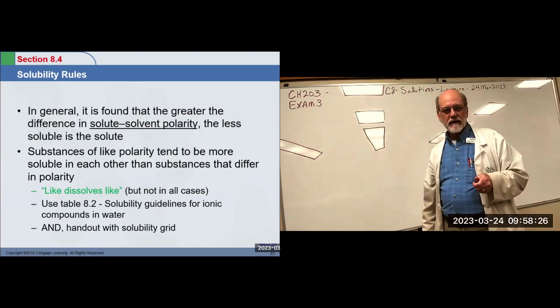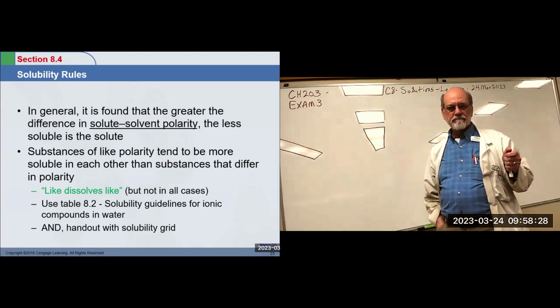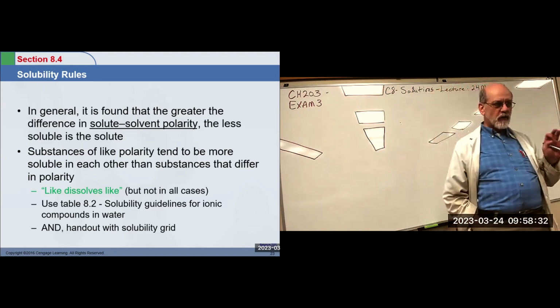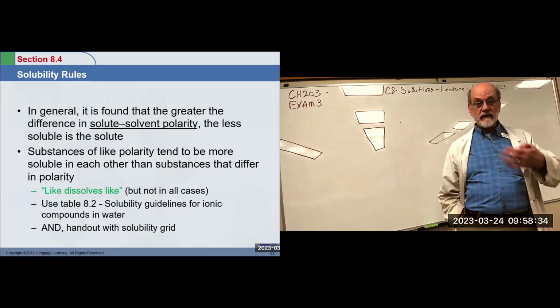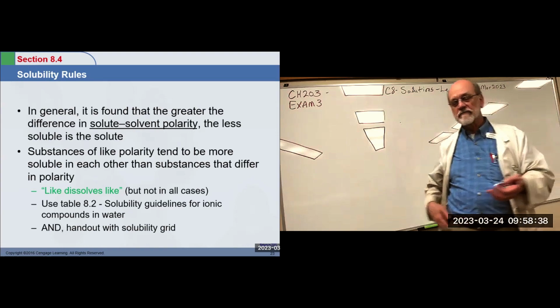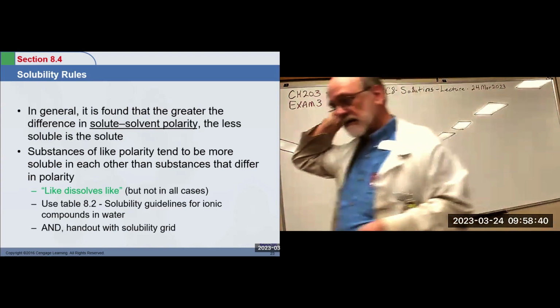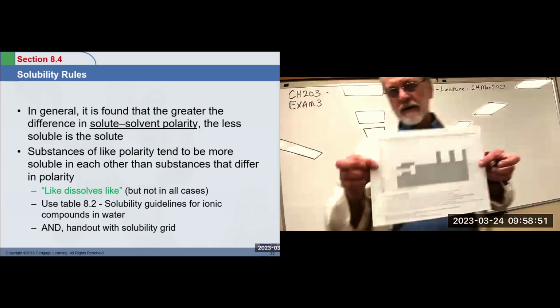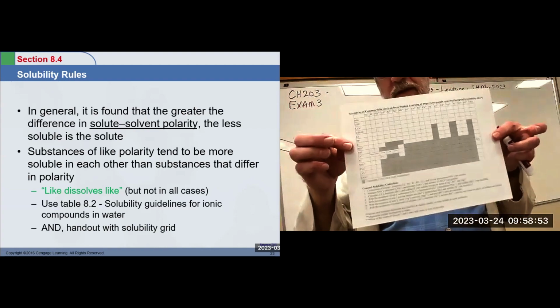Okay. We're going to talk about solubility rules here. There are rules for solubility of ionic solids in aqueous solution, and I gave you a copy. This looks like this. In fact, it's on a slide coming up, but I gave you a copy like this last week.